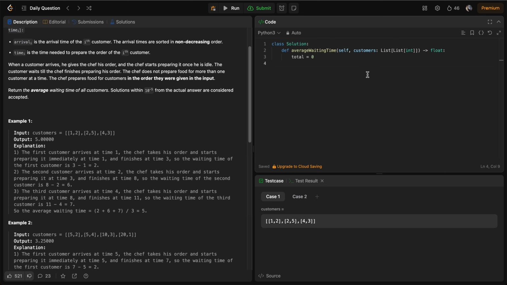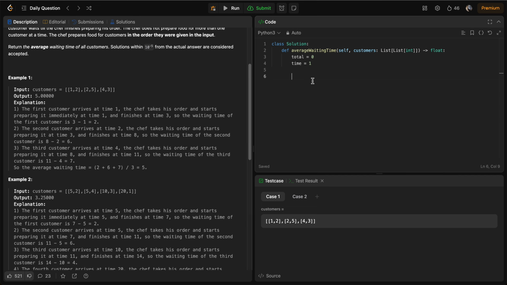We just do total is equal to 0. Okay, I'm going to name this variable time. It's going to represent when the chef is ready. So time is going to start at 1 because the chef starts at time 1, if you look at the examples, and we can simply just loop through all the orders.